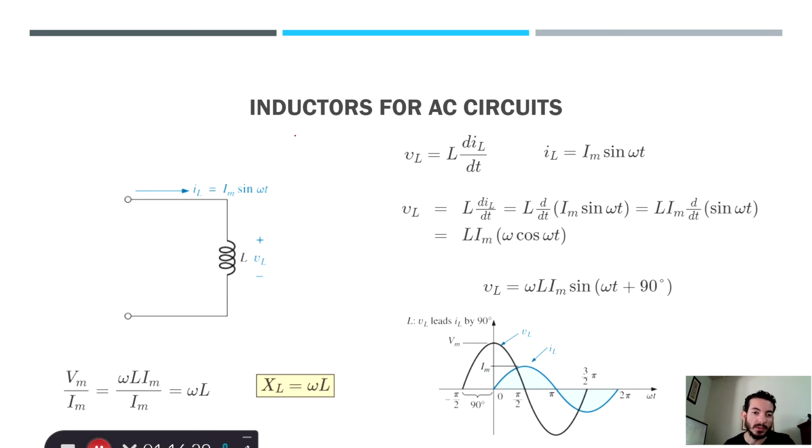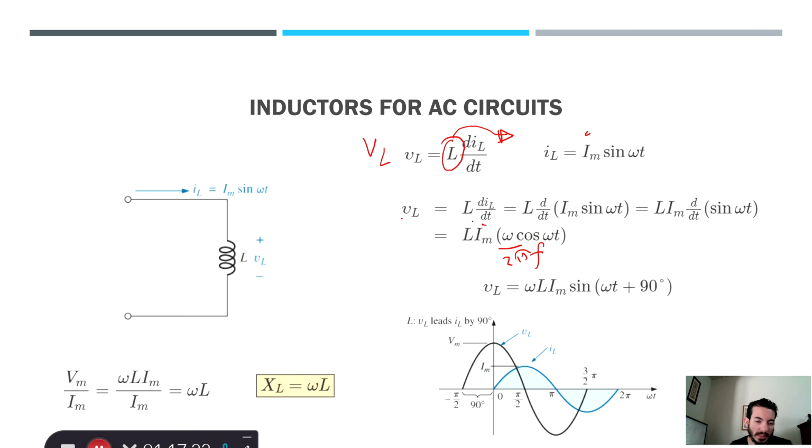So the voltage across an inductor is the derivative of the current in time times the inductance, and this is a value that manufacturers will give you or that you can find on tables. So if the input current is some initial current times sine omega t, the voltage will be the inductance times the current times 2 pi frequency, which is omega, cosine omega t, because the derivative of sine is cosine.